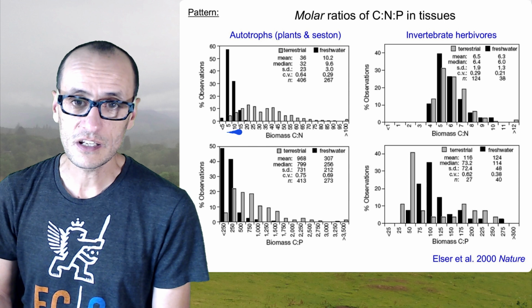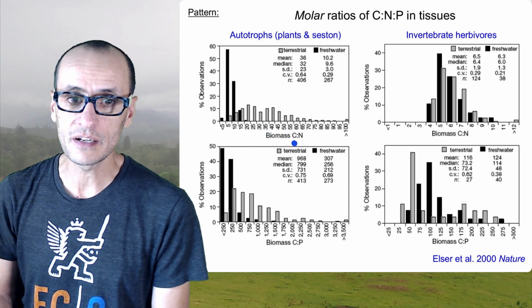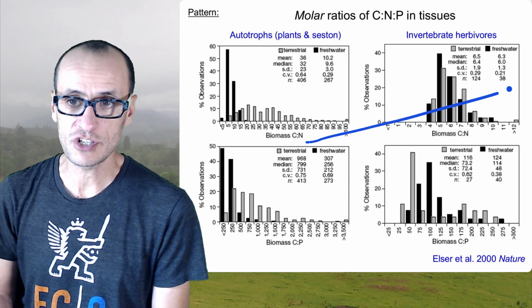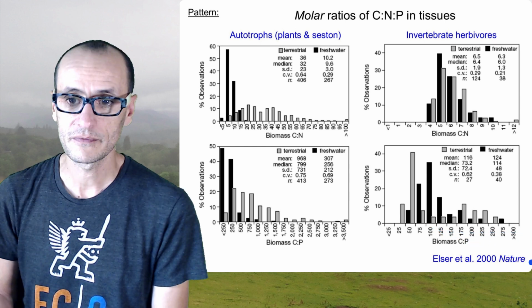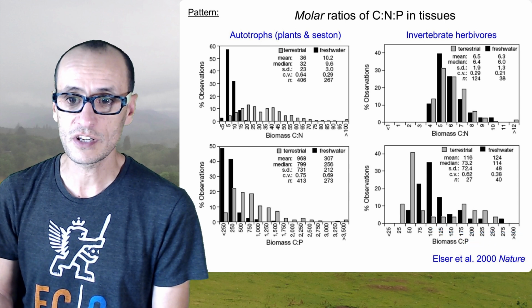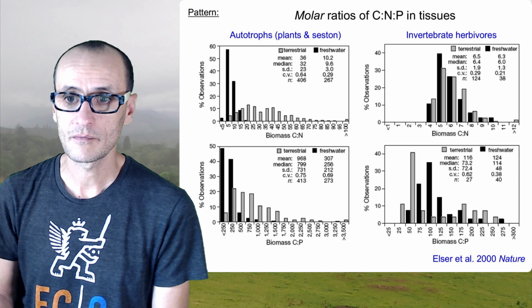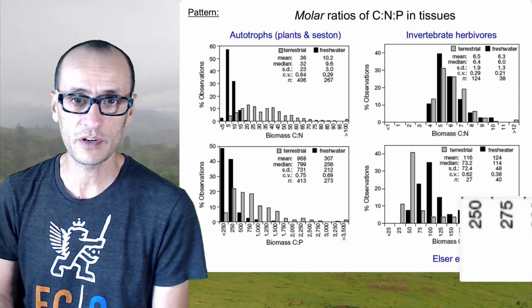And what's interesting here is that as these numbers get bigger, that means there's more carbon relative to nitrogen in the tissues of those organisms.